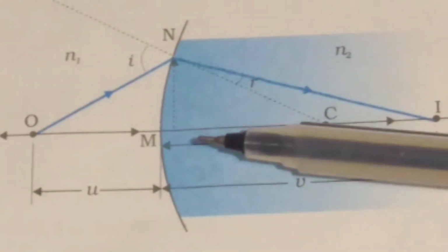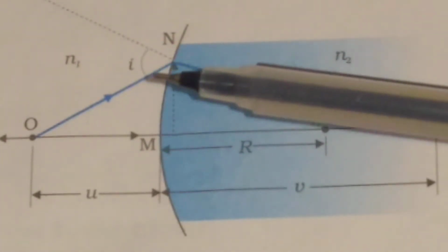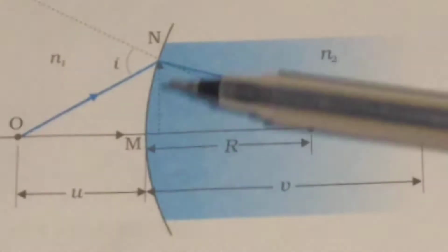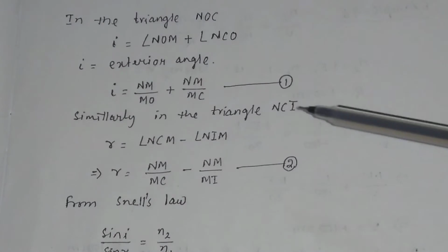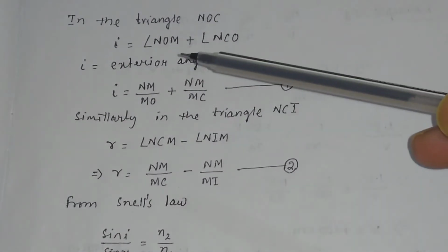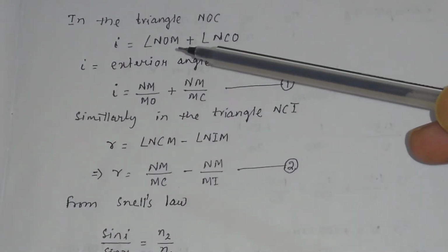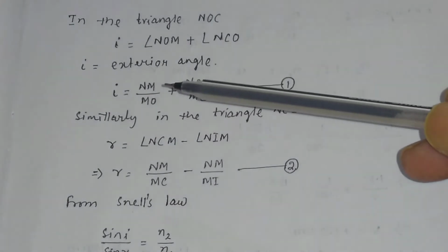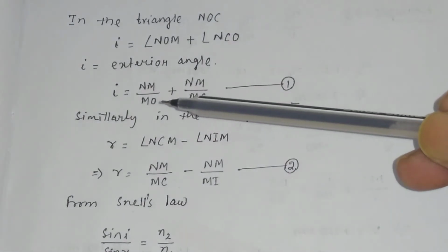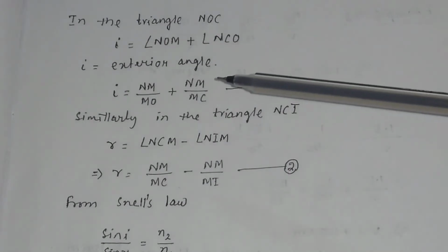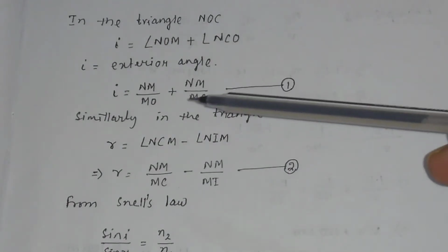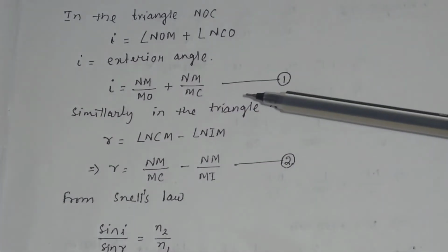So you can substitute the values of NOM and NCM. If you substitute angle NOM, which is equal to NM divided by MO, and angle NCO, which is equal to NM divided by MC, we will get equation 1.